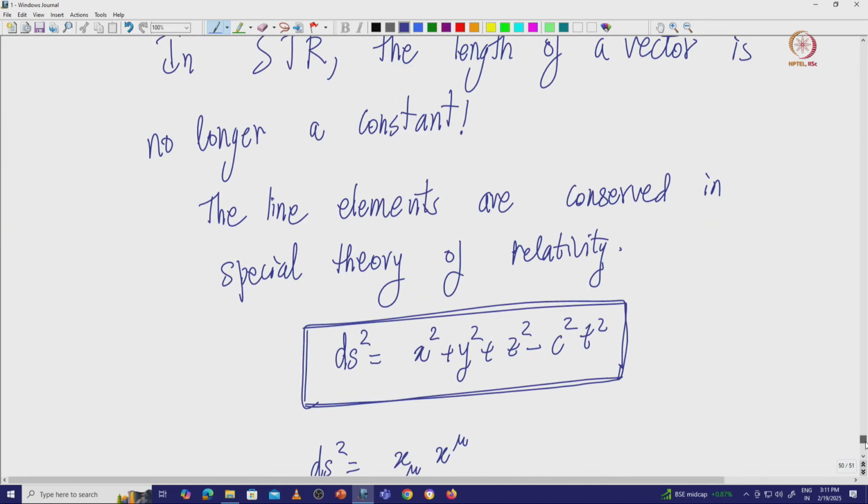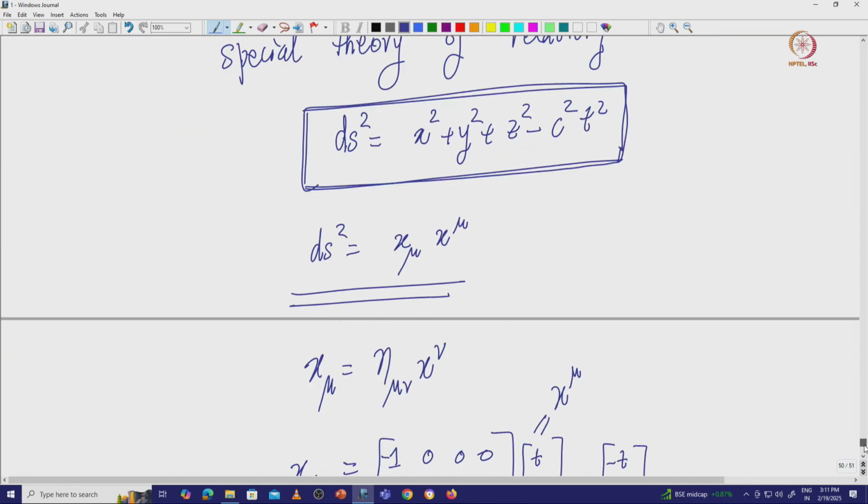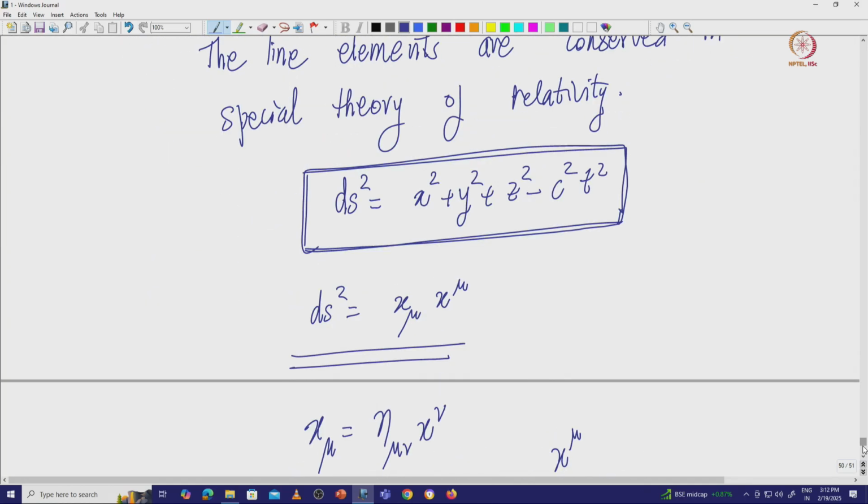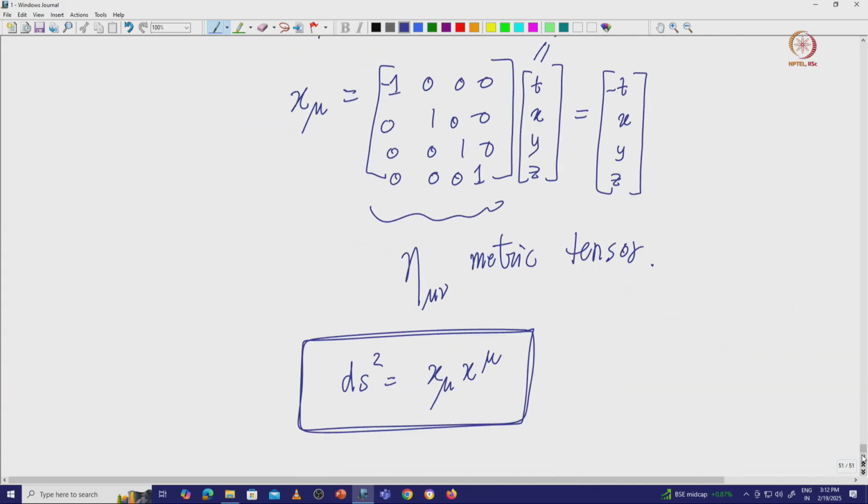So you have something called the line element, which is invariant in special theory of relativity.